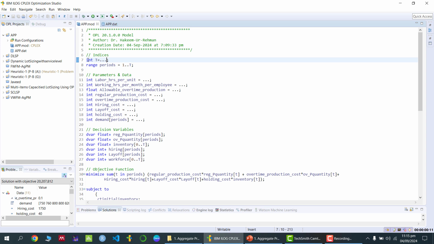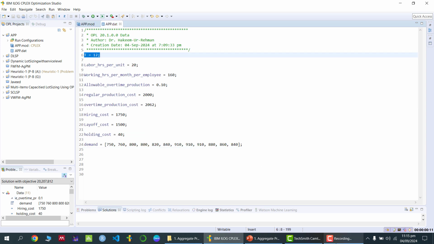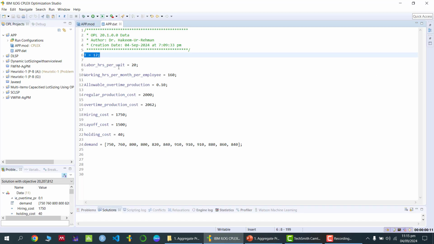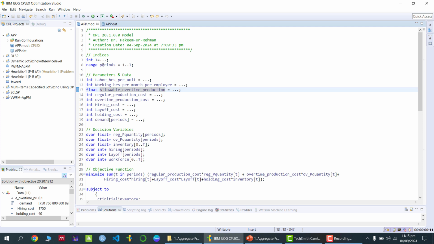That means the total number of time periods is 12, which is the planning horizon we have. Then we need to tell where it should start, so the periods range from 1 to T, which we express with the help of a range: periods equals 1 to capital T, right?